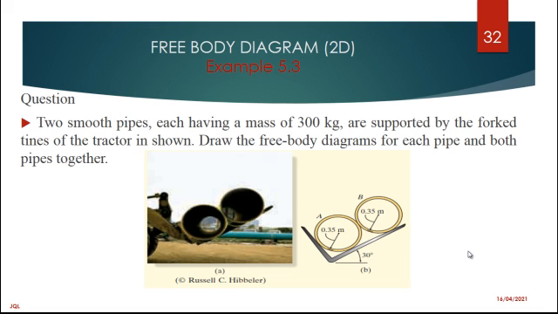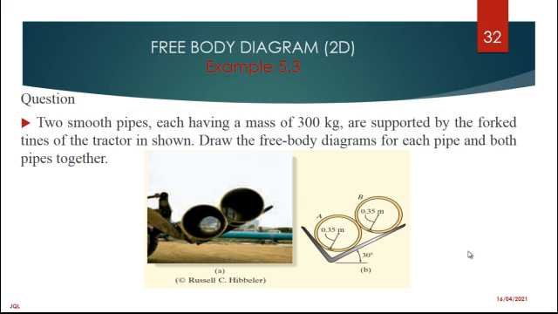Two smooth pipes, each having a mass of 300 kgs, are supported by the forked tines of the tractor as shown. Draw the free body diagram for each pipe and both pipes together. Now, if you can remember, what is really happening on these pipes?